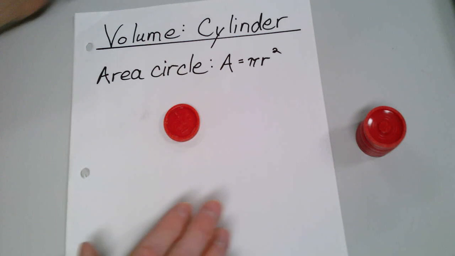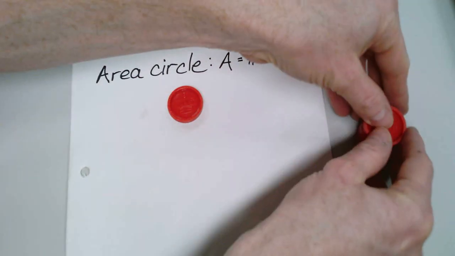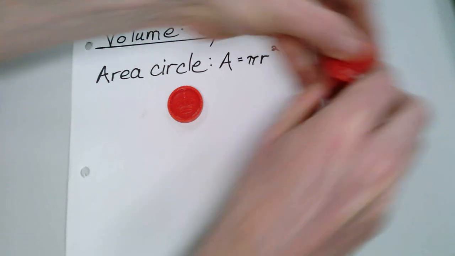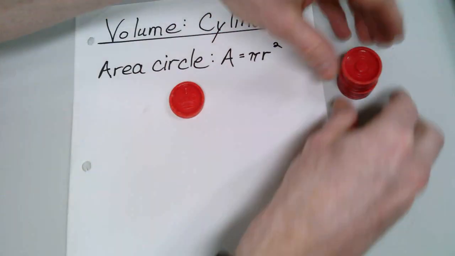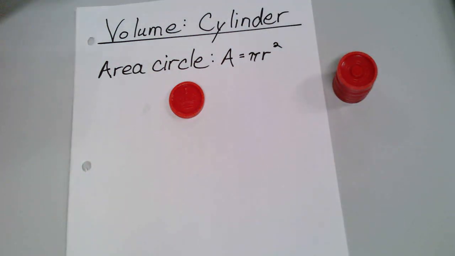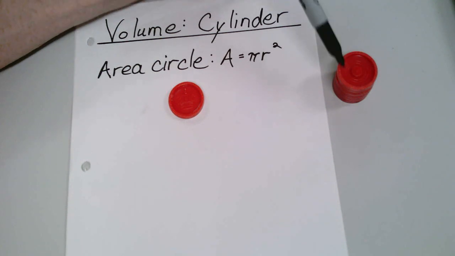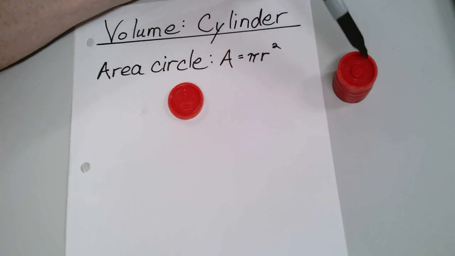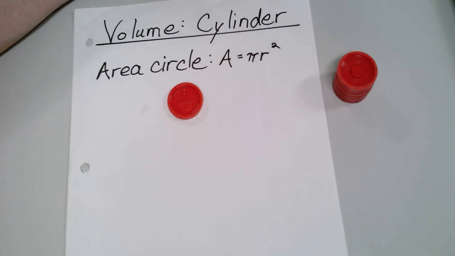So here's our circle, and here is our cylinder. In essence, what we're really doing here is we are going to figure out the area of this, which is a circle, which we've already established is this.